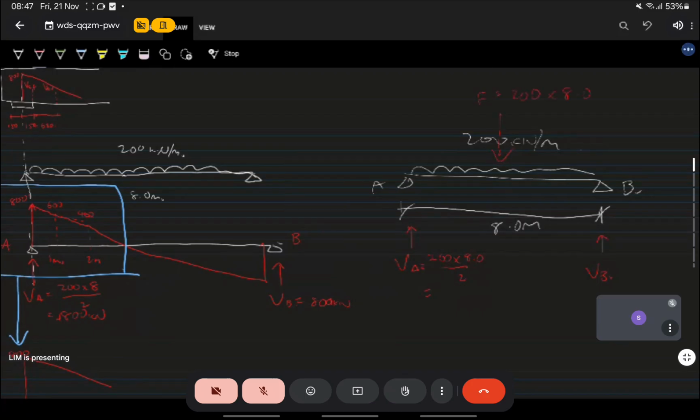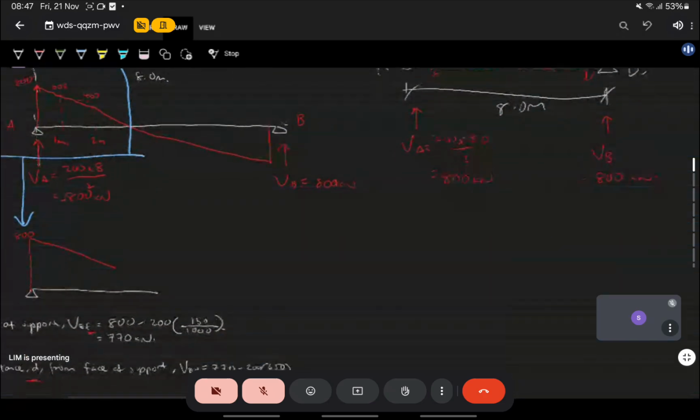Once you have the total load, half goes to A, half goes to B, which is why you divide by 2. Which is why you get 800 on both sides. These are your support reactions.